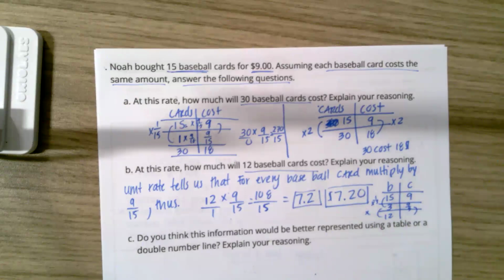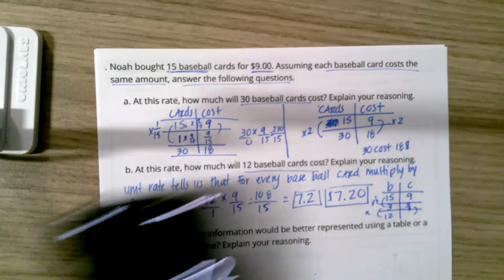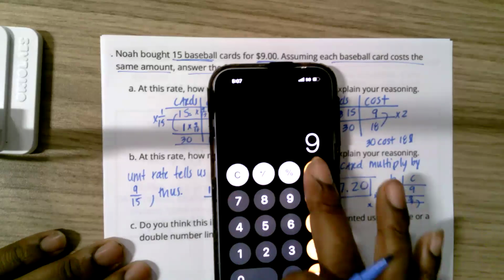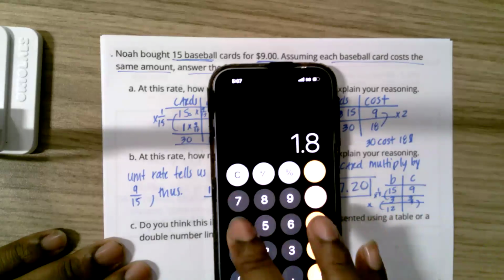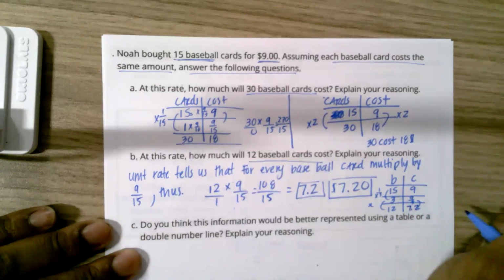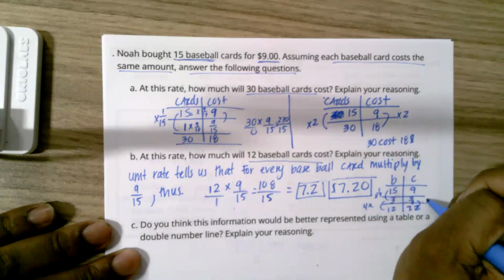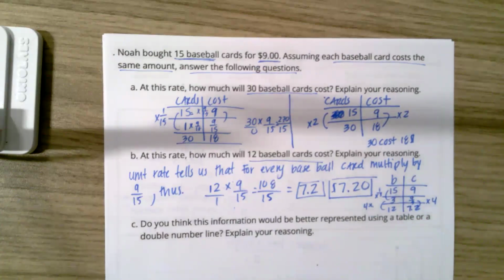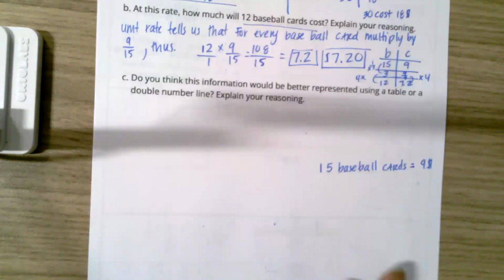So 9 over 5 times 4, 7.2. So all the pencils.